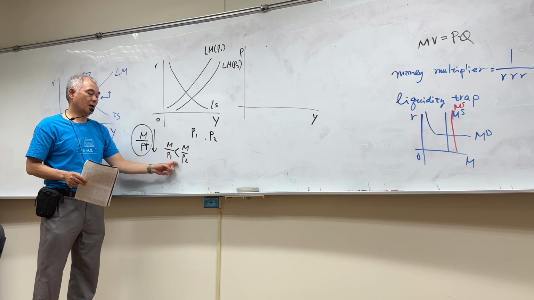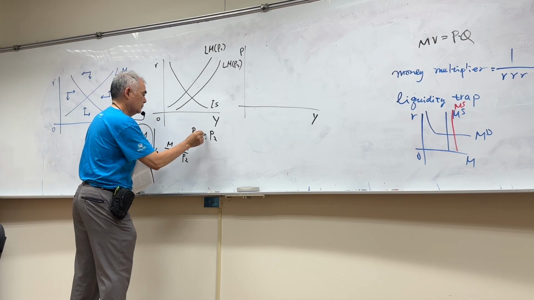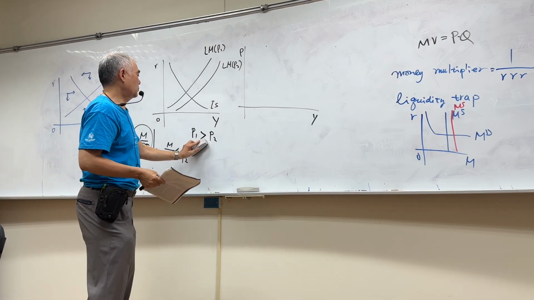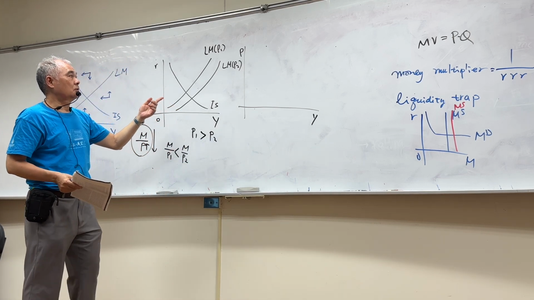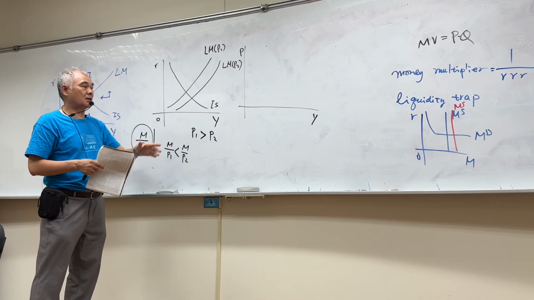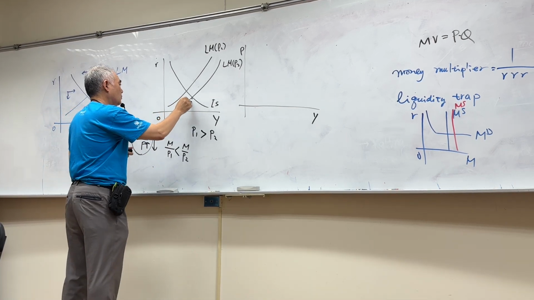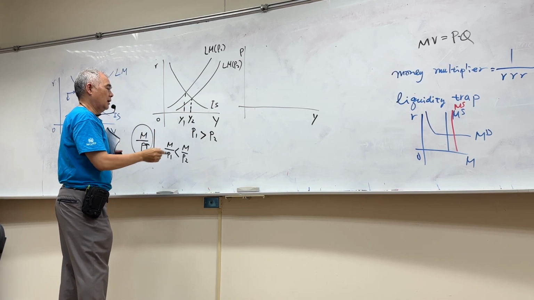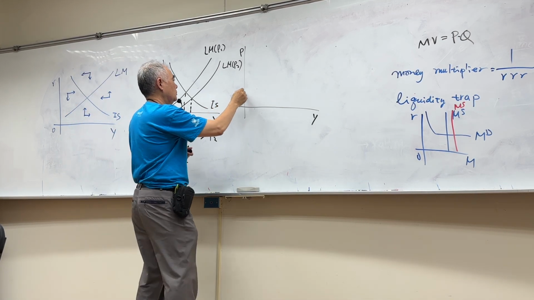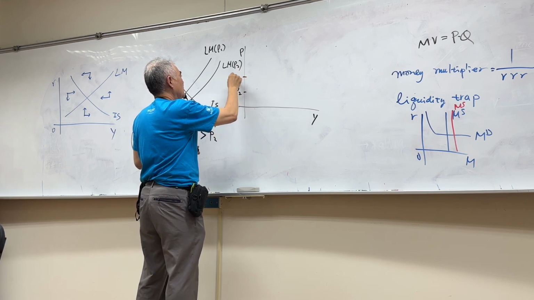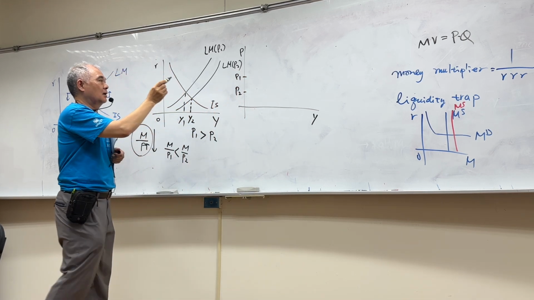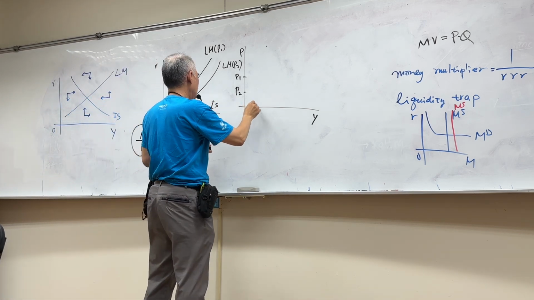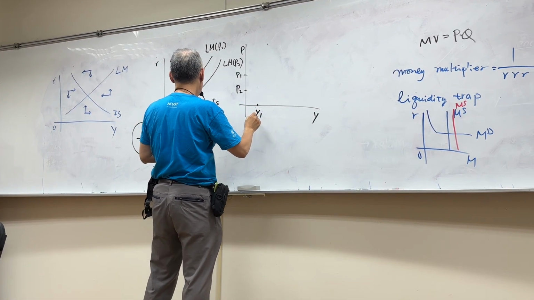And so we have, again, two price levels and two income levels. So Y2 is here, and then Y1 here. And so which one is larger? P1 is larger, okay? And then you have Y1 here.